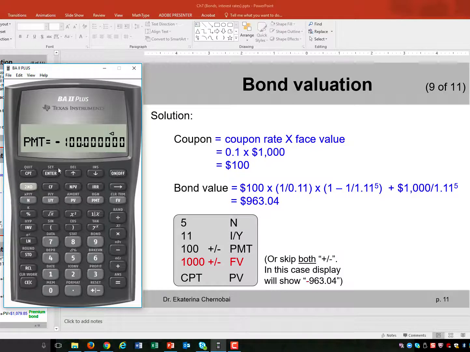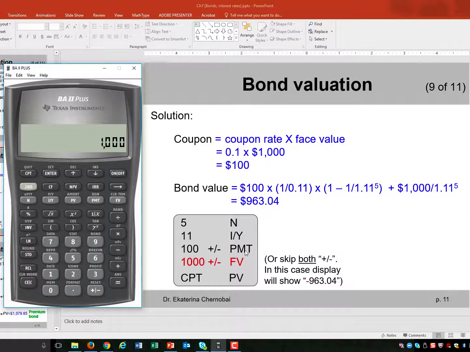Then not only will we be receiving $100 coupon payments if you buy such a bond, but we are also going to receive $1,000 at the very end. So let's enter that as our next piece of information, 1,000. And because it's just like coupons received by the bondholder, you use exactly the same sign.